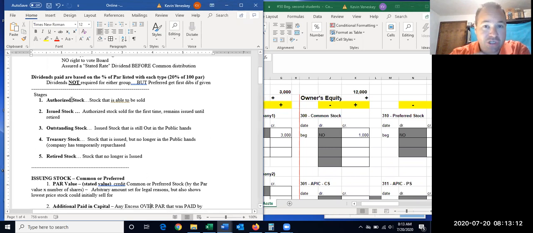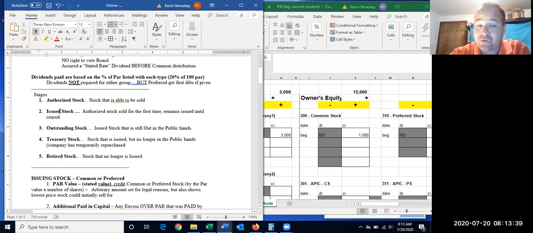They can't adjust that without doing some major work. That's how much they are allowed to issue. And then once the stock has actually been issued to the public, it stays issued. And once it's continually in the public's hands, it's called outstanding stock.